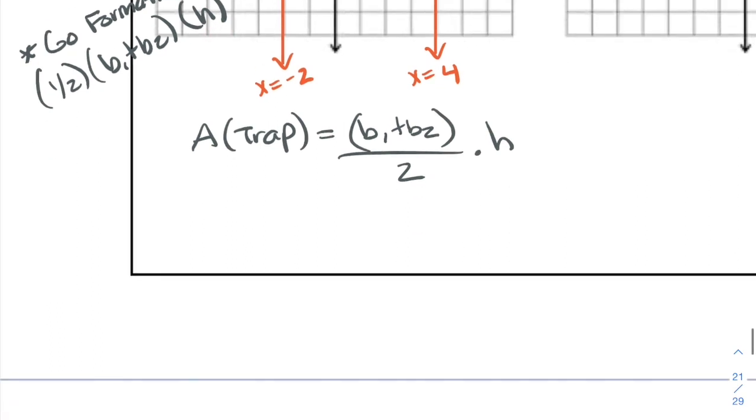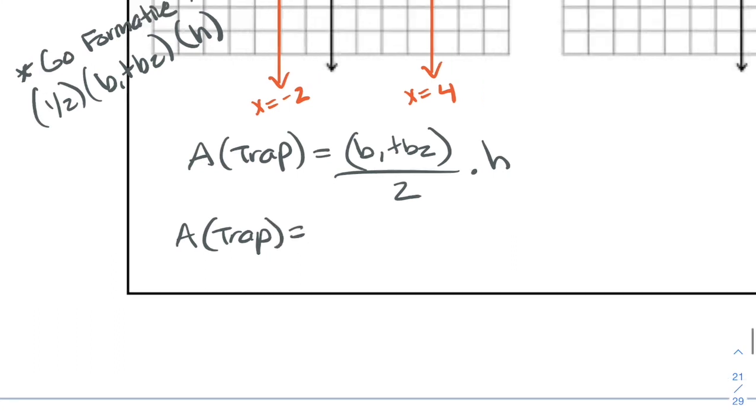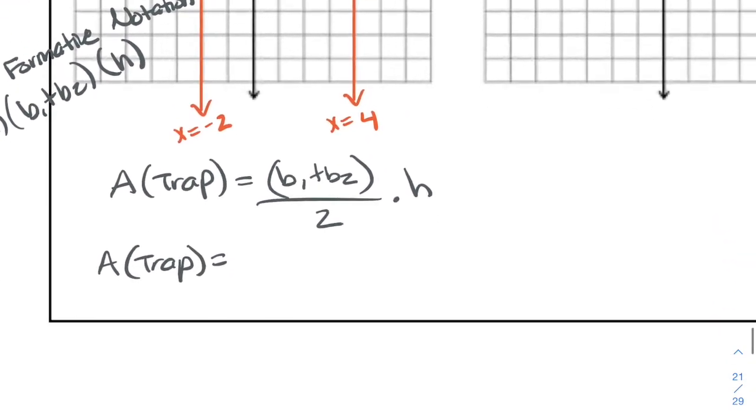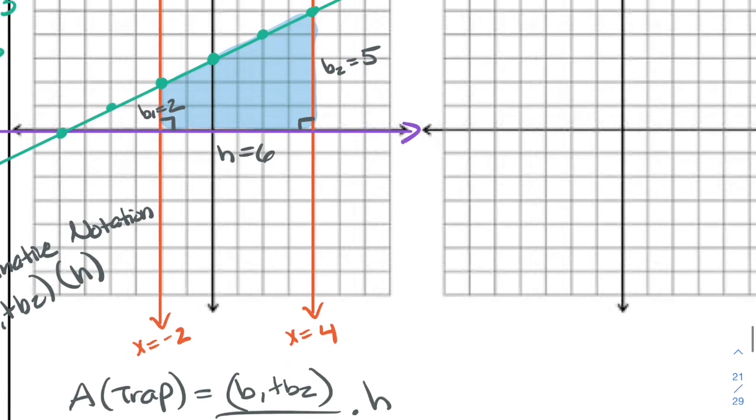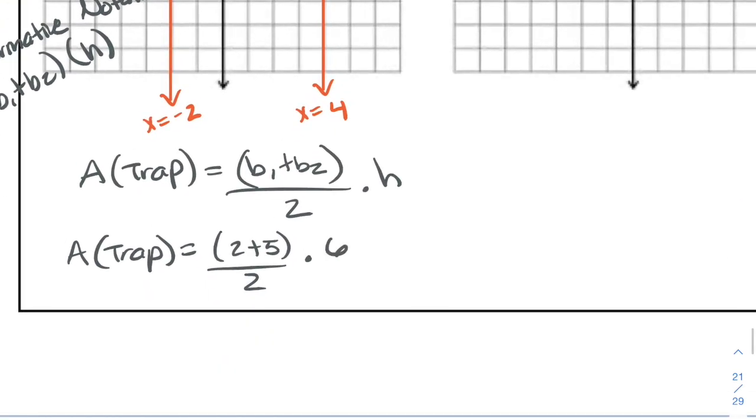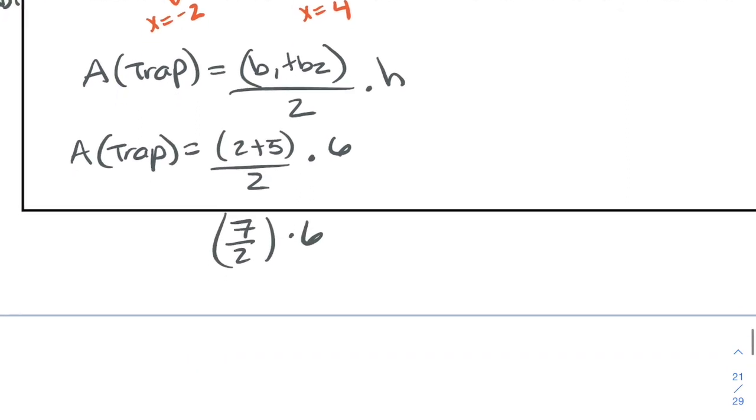Okay, so area of your trapezoid equals B1 plus B2. So it's 2 plus 5 over 2 times the height of 6. Yep, times height of 6. So it's 7 over 2 times 6, which is going to be, so 6 divided by 2 is 3. 3 times 7 is 21.